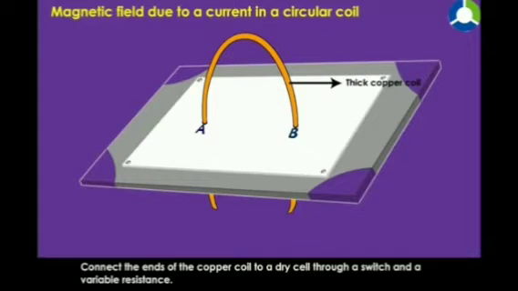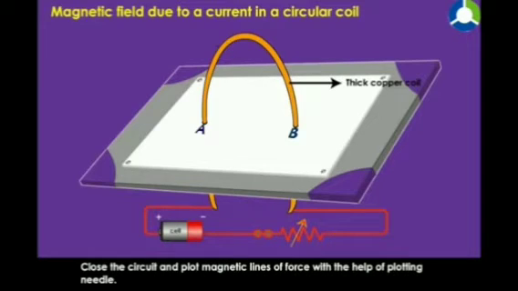Connect the ends of the copper coil to a cell through a switch and a variable resistance. Close the circuit and plot the magnetic field lines of force with the help of a plotting magnetic needle or compass needle.